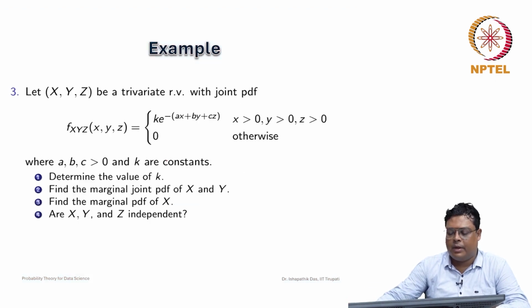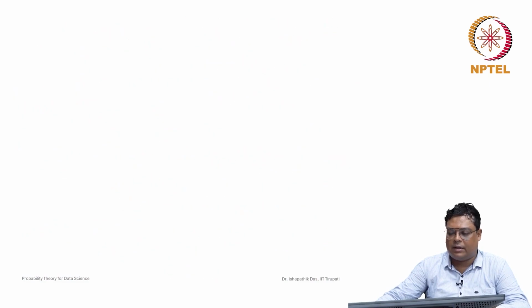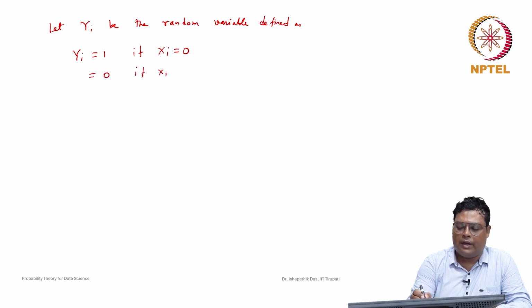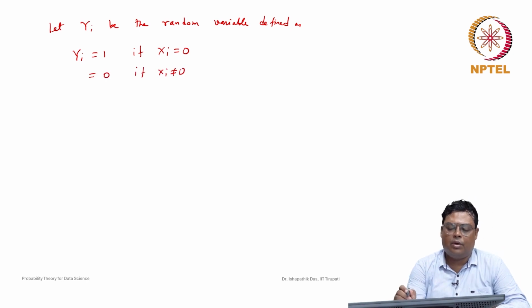For example, let us discuss, suppose yi is the random variable defined as yi is equal to 1 if xi is equal to 0, and equal to 0 if xi not equal to 0. So then it is a Bernoulli random variable.